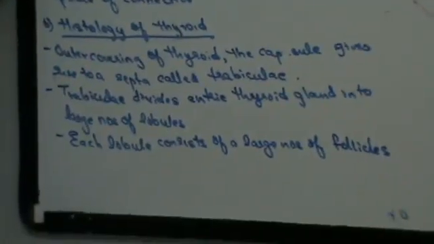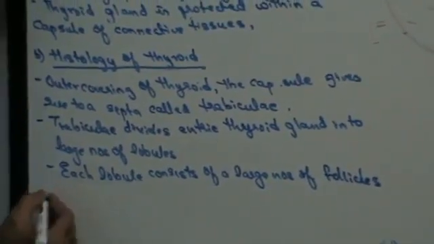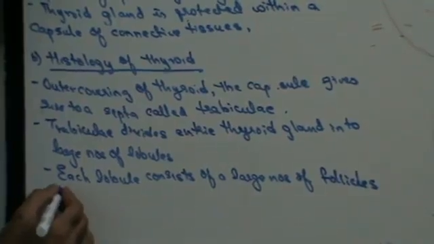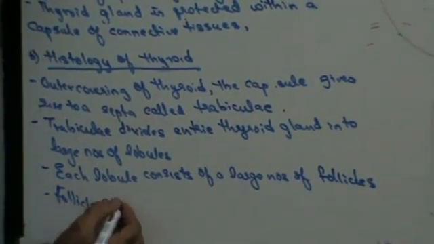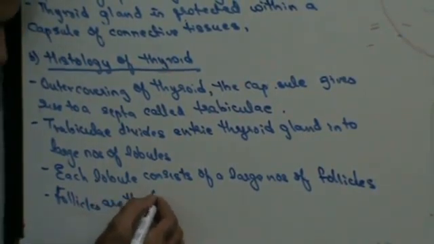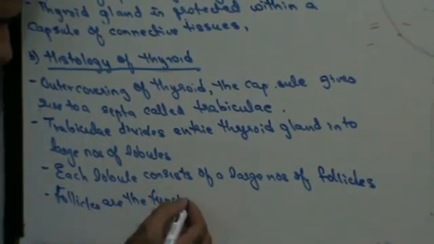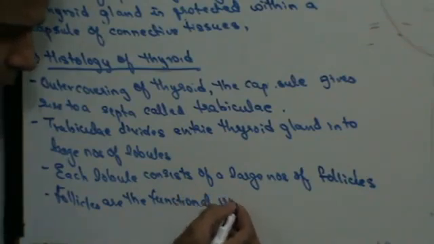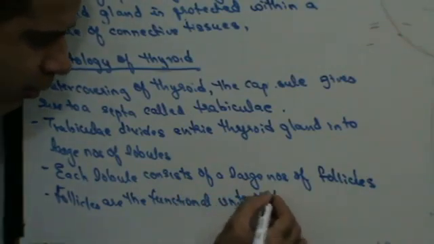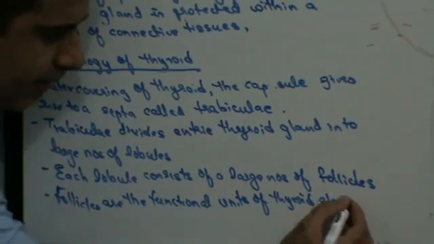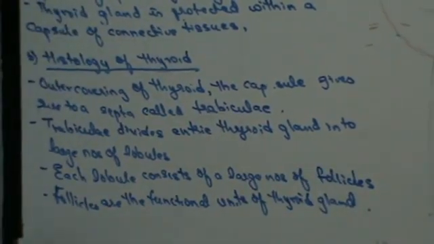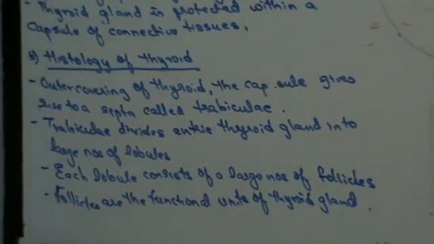Follicles are the functional units of thyroid gland. Fine. Now let's see how the follicle looks.